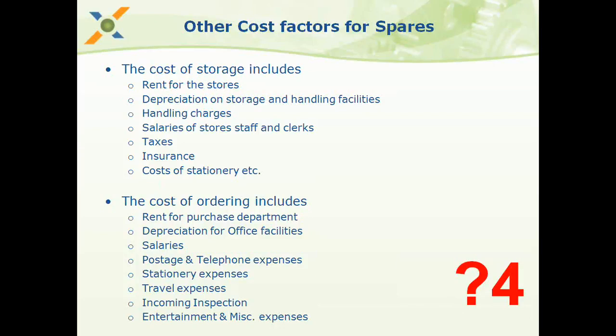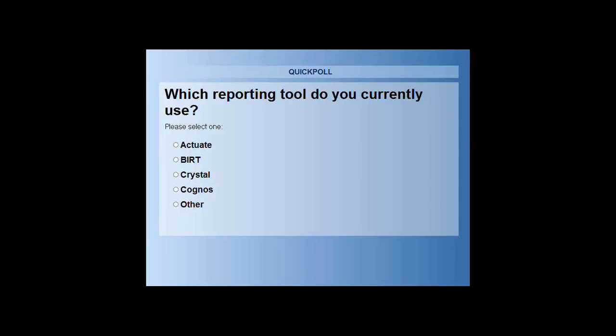So before I go, I have a fourth polling question. Which reporting tool do you currently use? Is it Actuate, BIRT, Crystal, Cognos, or others?